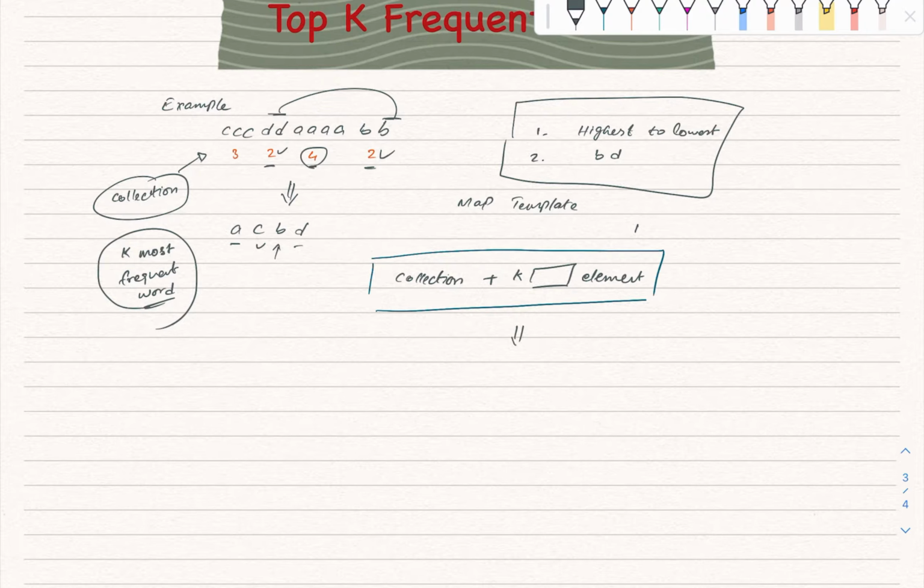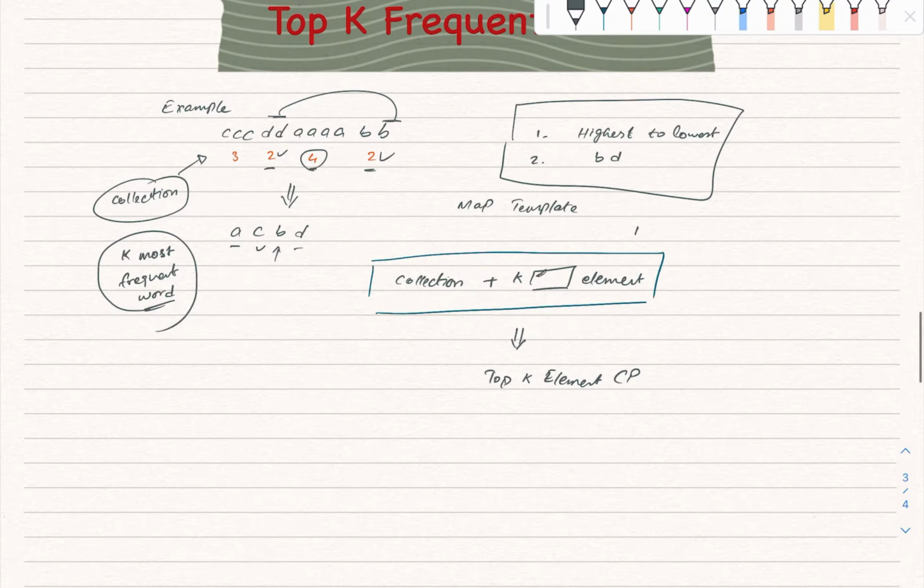In this blank place, what I'm saying, it could be most, it could be frequent, it could be largest, or any such parameter that could be given. So we come to know we have to solve this question by the top k element coding pattern.